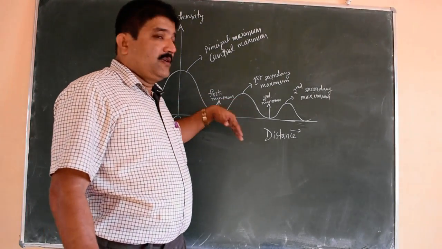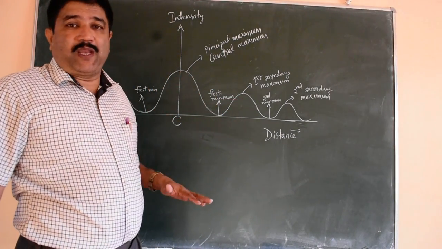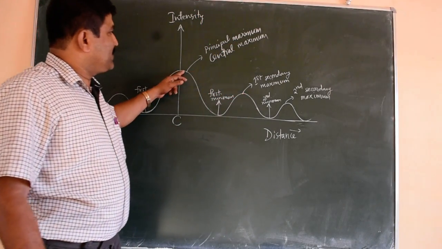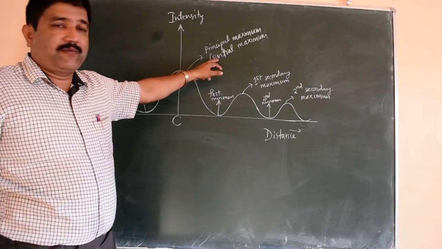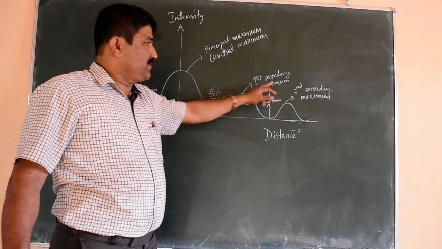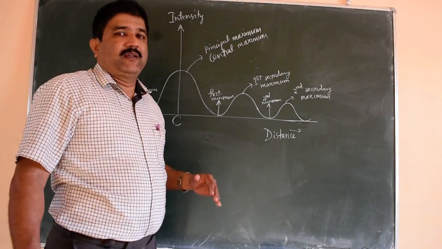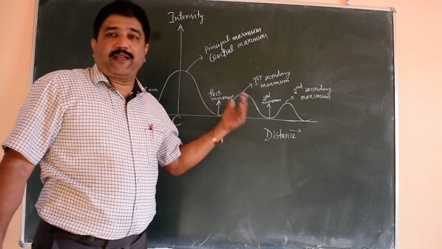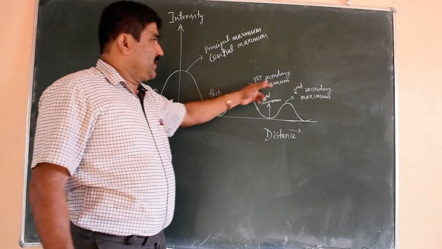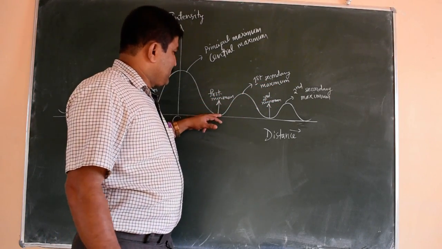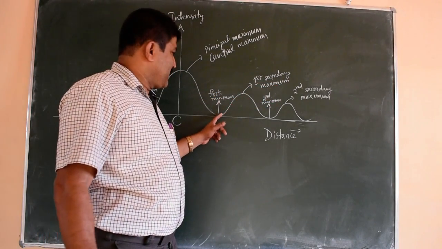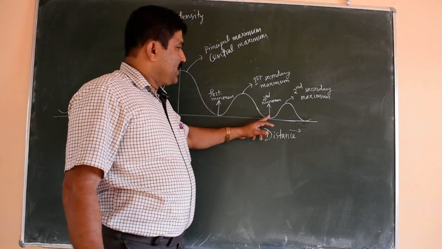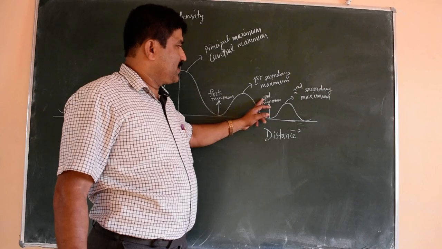After it becomes minimum, intensity gradually rises again to a certain value, but not as much as the central maximum. The intensity of the secondary maxima is lesser than the central maximum intensity. Then it decreases to almost 0, then increases to a maximum, and decreases again.